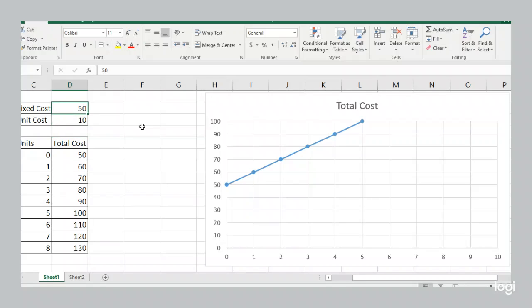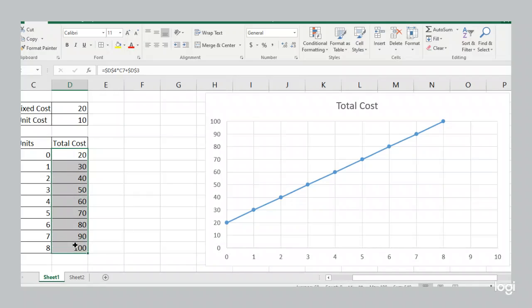And again, if I change the fixed cost from 50 to say 20, the whole line drops, but the slope remains the same. Okay, our fixed cost is only 20, so we have a lower starting point, but how much more we have to pay with each additional unit is now 10 instead of 4. And we see that reflected on our table here. Right? At 0, we still have to pay that fixed cost of $20, and then it's an additional $10 per unit.